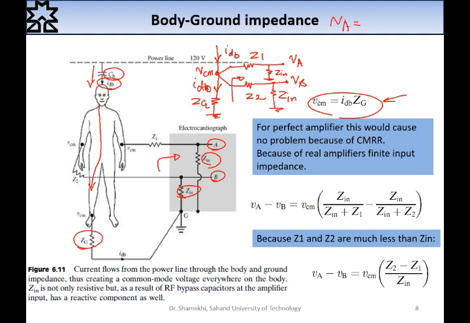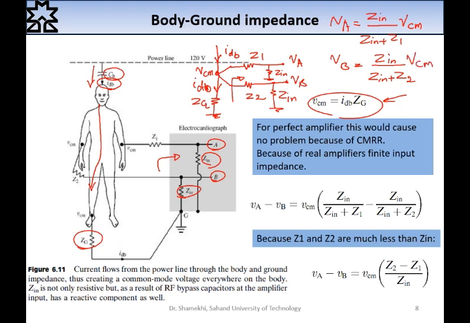VA is Zin divided by Zin plus Z1 multiplied by VCM, and VB is Zin divided by Zin plus Z2 multiplied by V common mode.